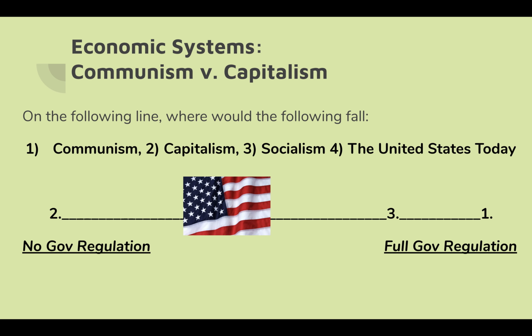Essentially, communism and capitalism are on the 2 opposite ends. Capitalism is no government regulation in the economy. A true capitalist system allows business to reign free, allows business to compete freely, and there's no government involvement in the economy.